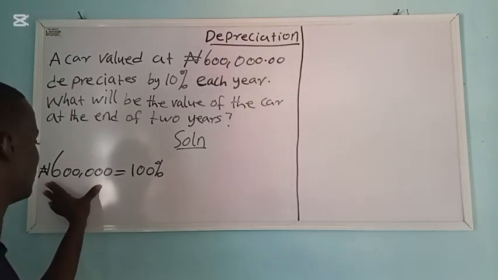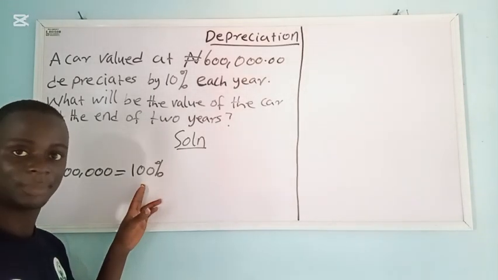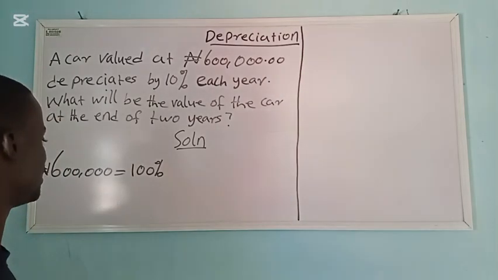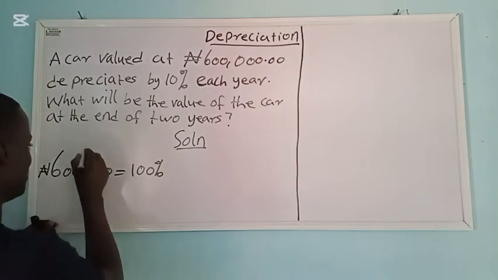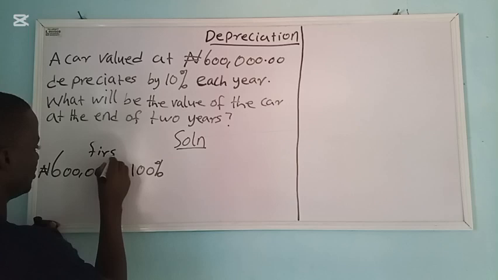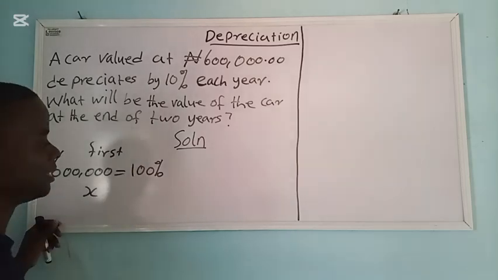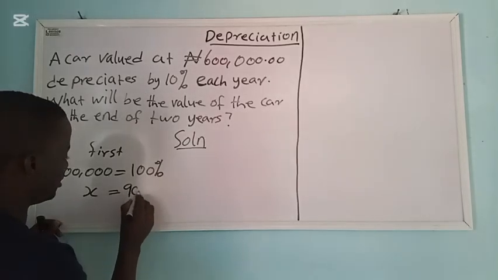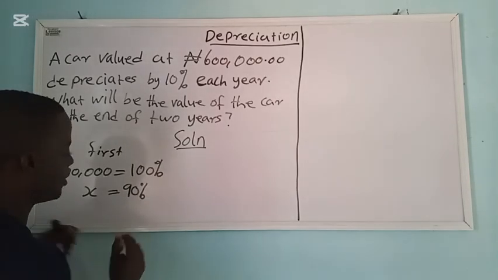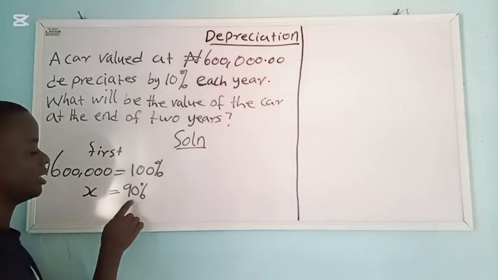This initial amount is for 100%. So now if at the end of the first year, please let me put it first year, what will be the value of the car when it depreciates by 10% to 90%? When 10% is being minus from this 100% to become 90%.